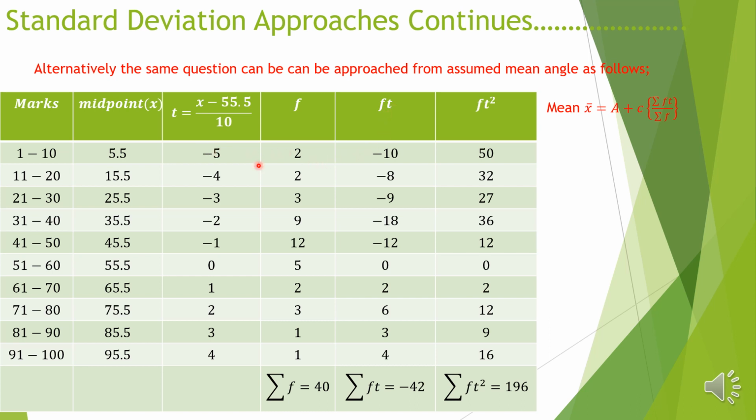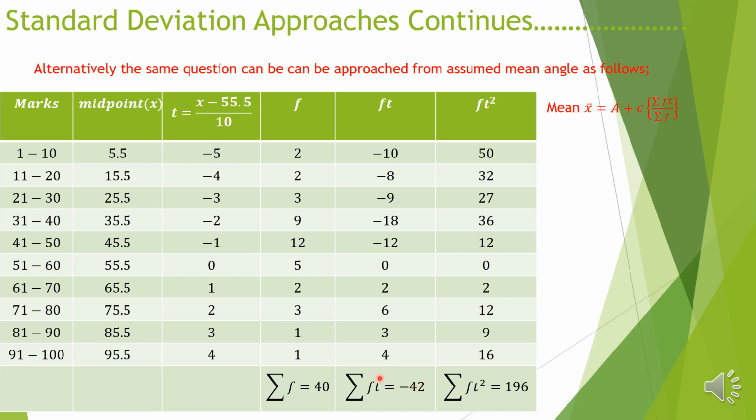Negative 5 by 2 is negative 10, negative 4 by 2 is negative 8, negative 3 by 3 is negative 9, negative 2 by 9 is negative 18, then negative 1 by 12 is negative 12, 0 by 5 is 0, 1 by 2 is 2, 2 by 3 is 6, 3 by 1 is 3, and 4 by 1 is 4. Once I have this column, again I'll sum it downwards. By summing this one, I'm ending up with the summation of ft equals negative 42.